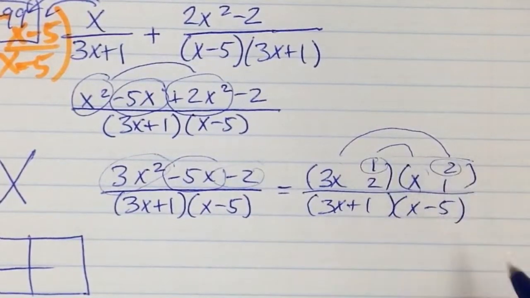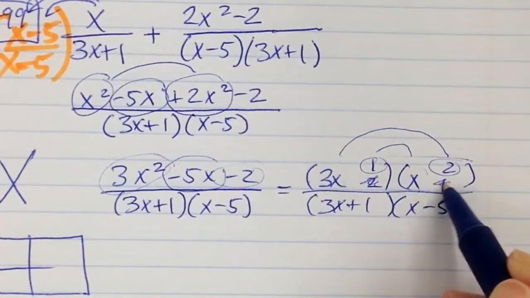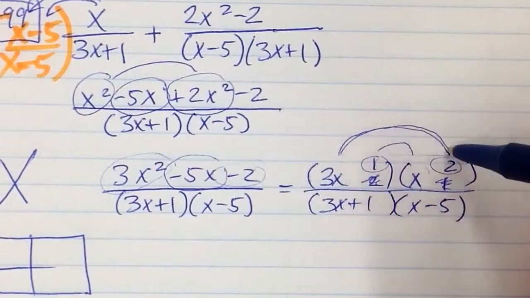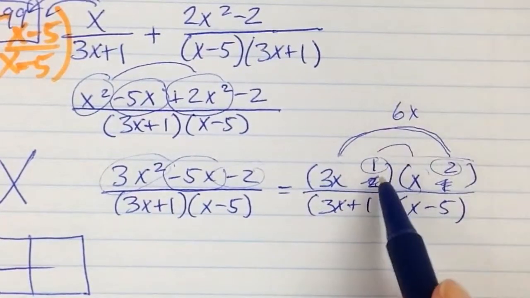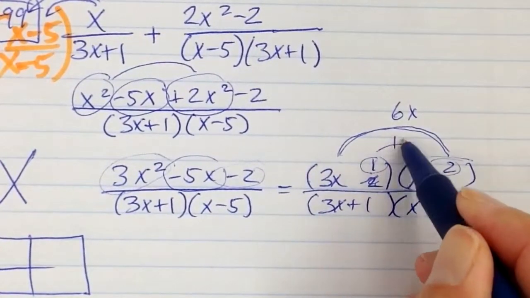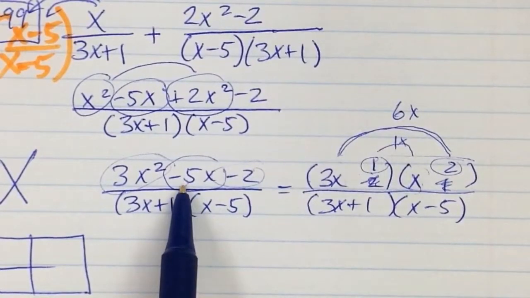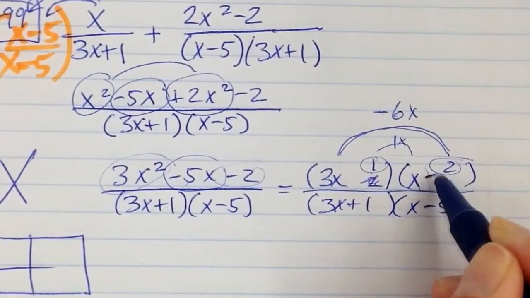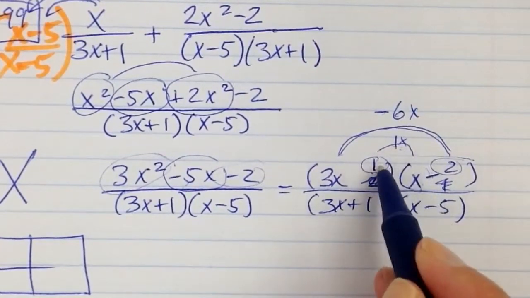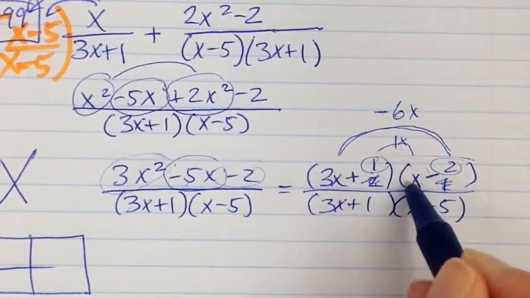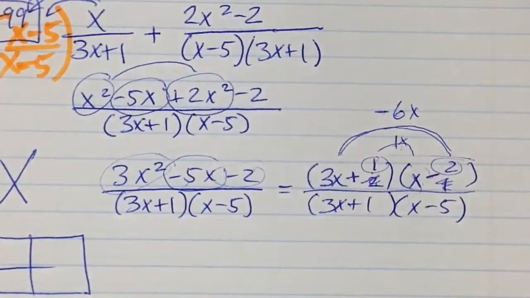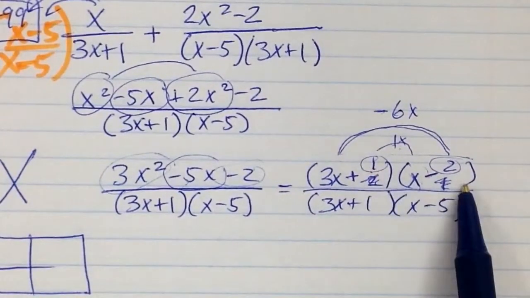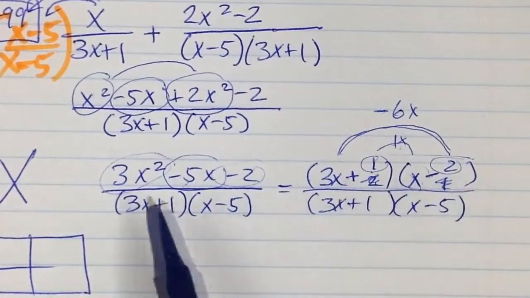These two, right here, not these two. Because when I multiply 3x times 2, that'll give me 6x. When I multiply 1 times x, that'll give me 1x, and I can use that to be negative 5. I want this to be negative, so this should be my minus. And I want the 1x to be positive, so my plus should go there because that's giving me the 1x. So 3x plus 1 times x minus 2 is how you factor that.